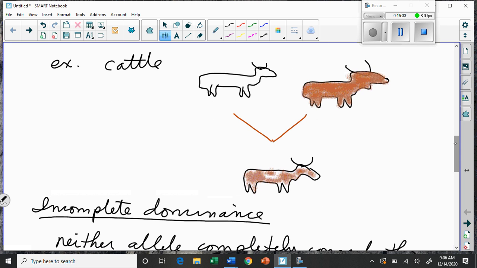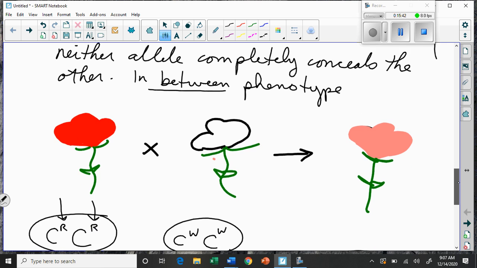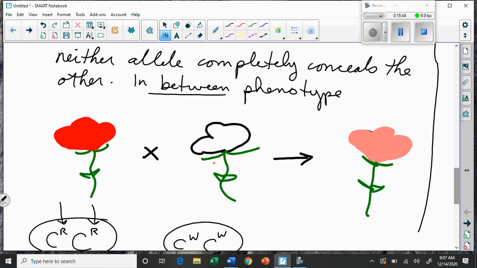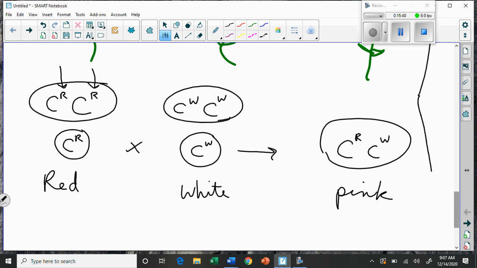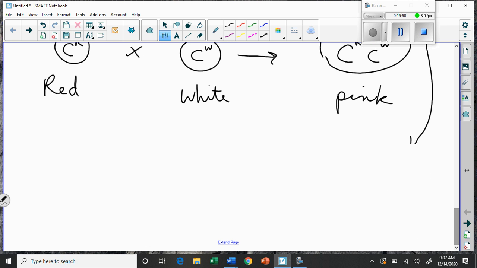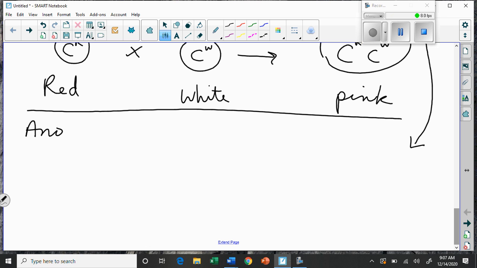But we didn't go into a cross or do any of the Punnett square things. So I'm going to go down below here. Should have done this before. It's my fault. I'm going to do another example of the codominance.